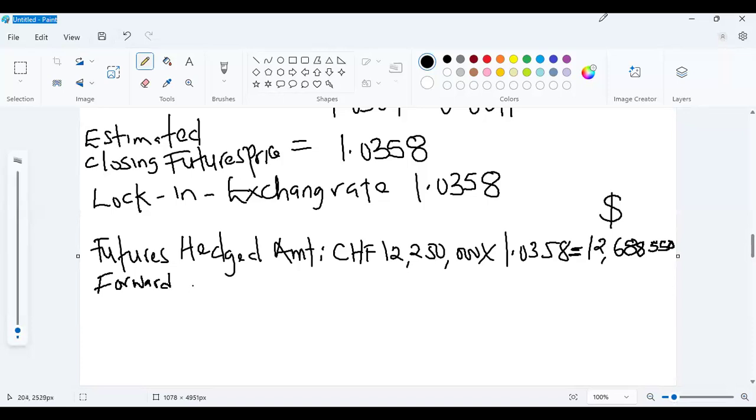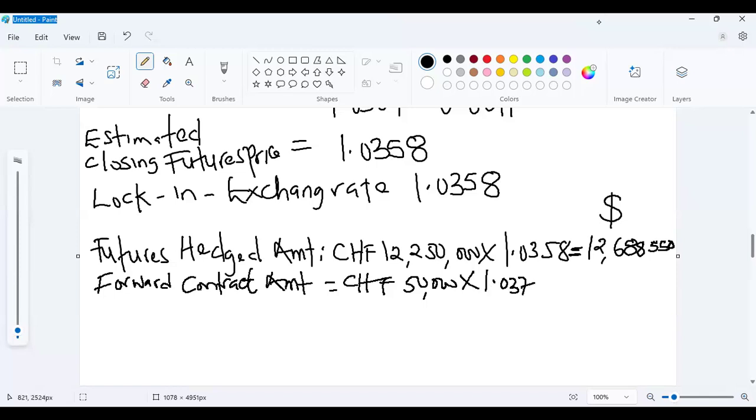Remember, we have a differential of 50,000, and we use 1.0374. That gave us 51,870. So we can now calculate total dollars.